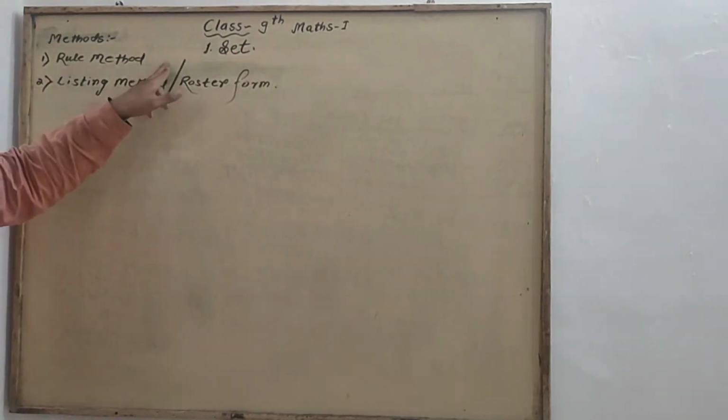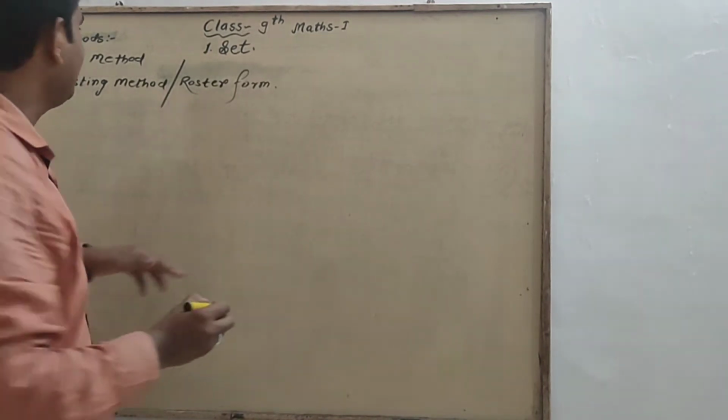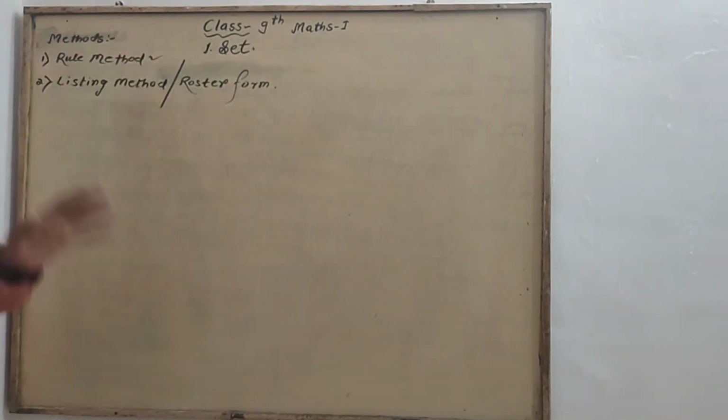Now the difference between both of these is that suppose I am going to write by the rule method.